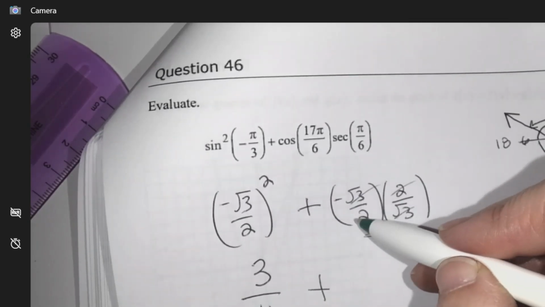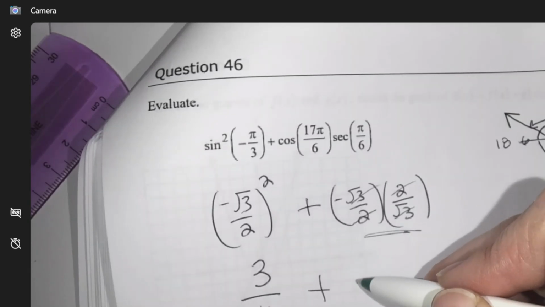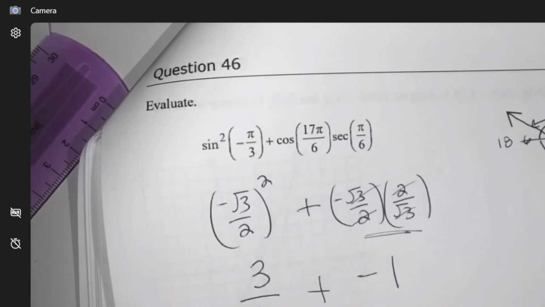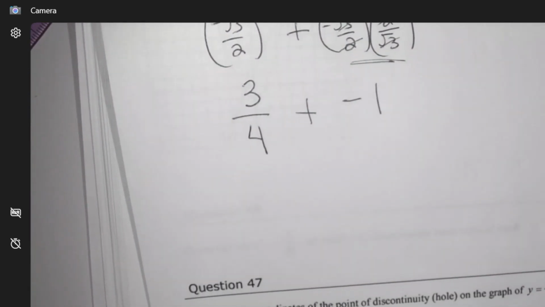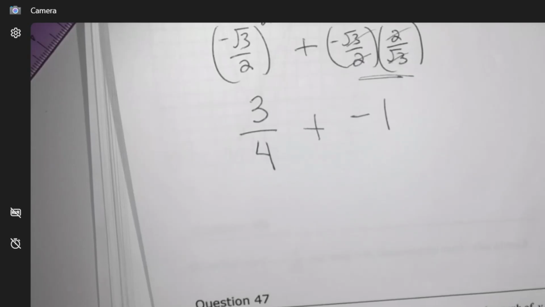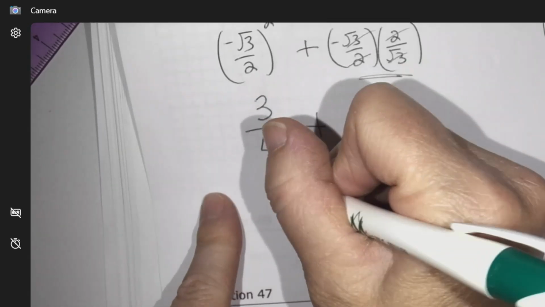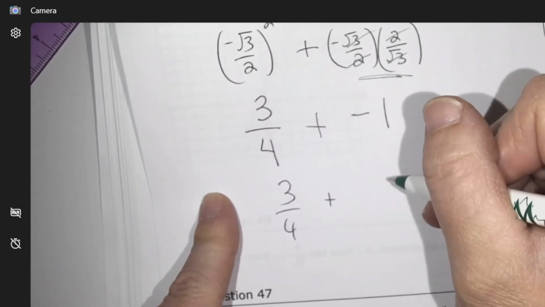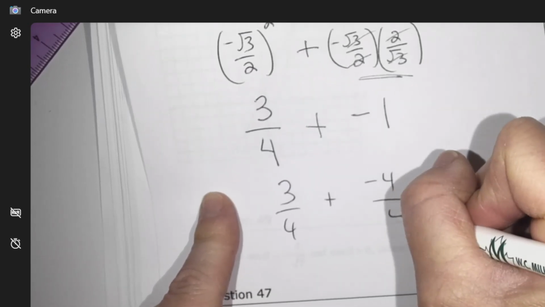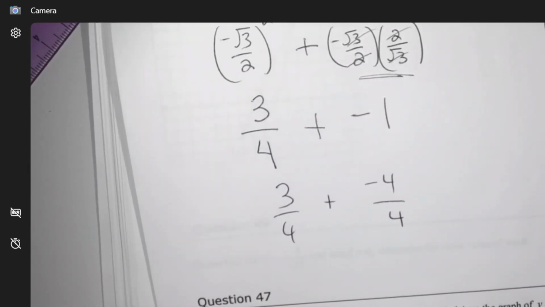Cancel, cancel, cancel, cancel. -1. Some of you might be able to do this in your head, but I'm going to change this to a fraction. So -4 over 4.